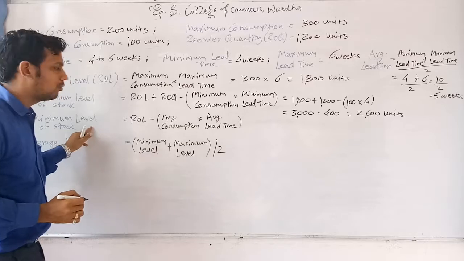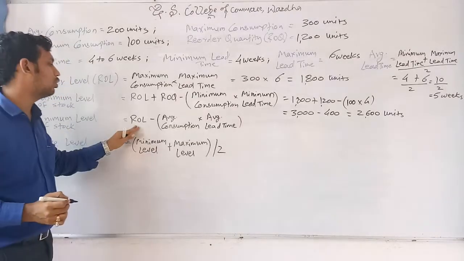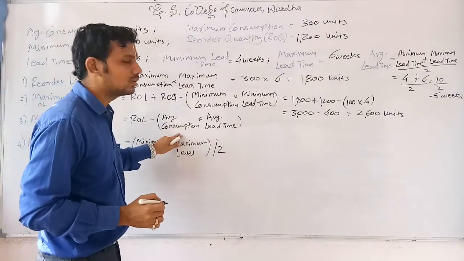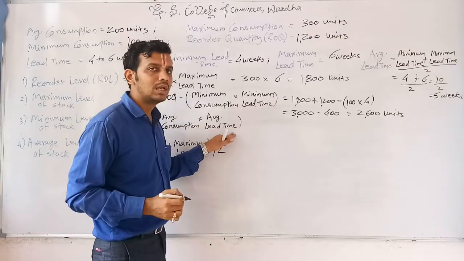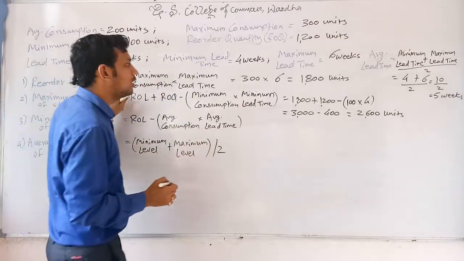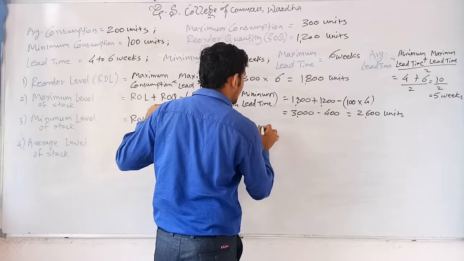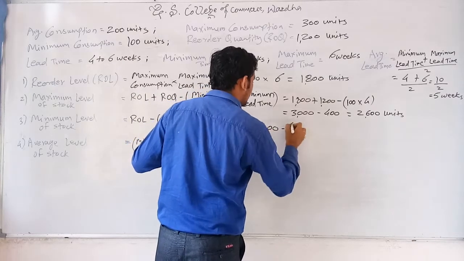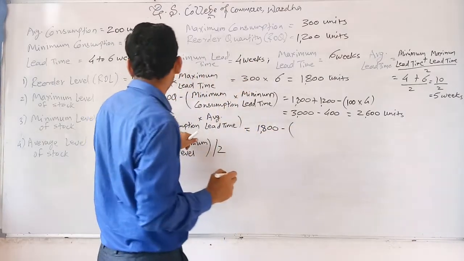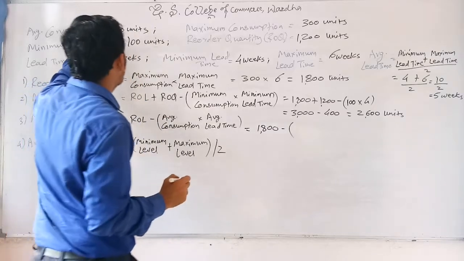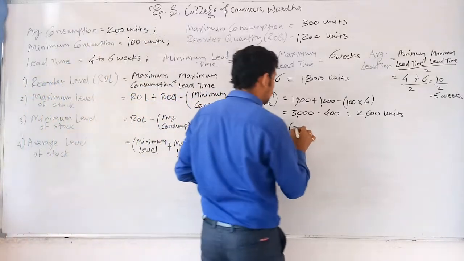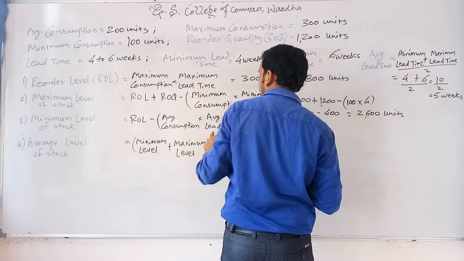Now minimum level of stock. Minimum level of stock has a formula of reorder level minus, in bracket, average consumption multiplied by average lead time. Reorder level we have calculated is 1800 units minus average consumption. Average consumption is already given in the question, that is 200 units, multiplied by average lead time.